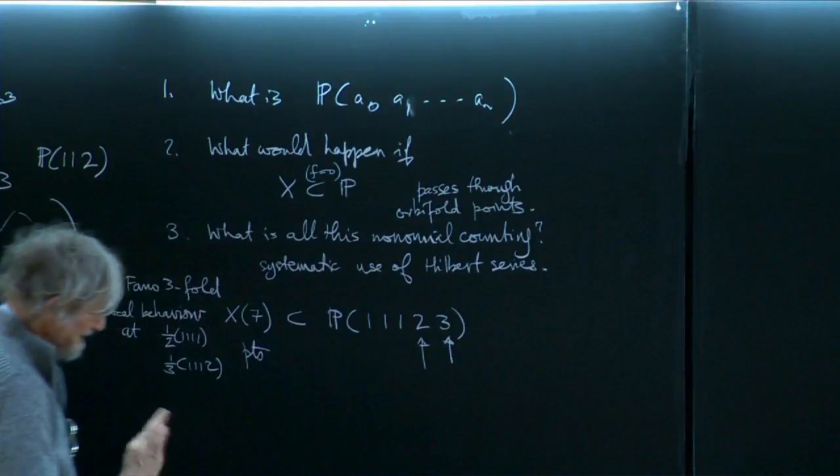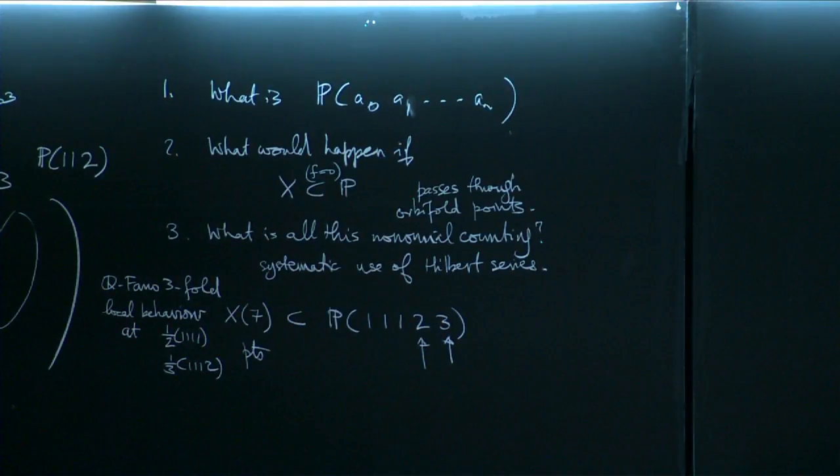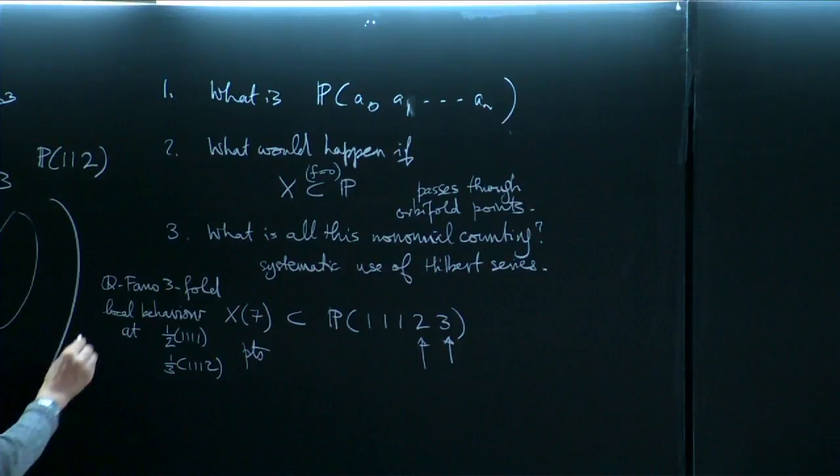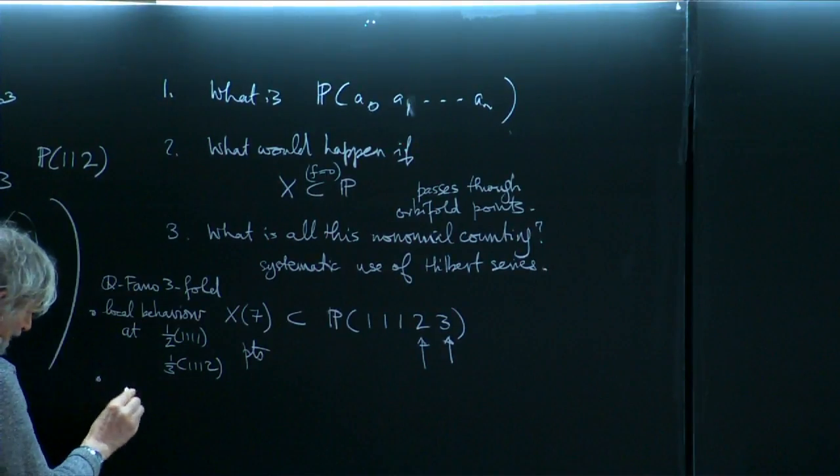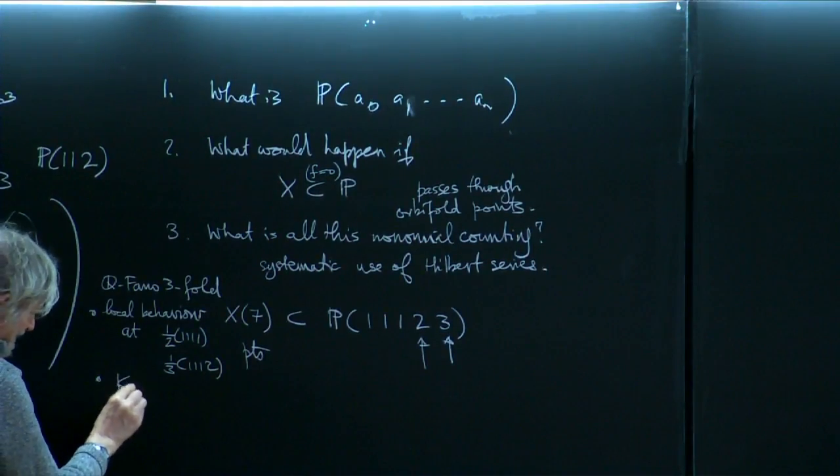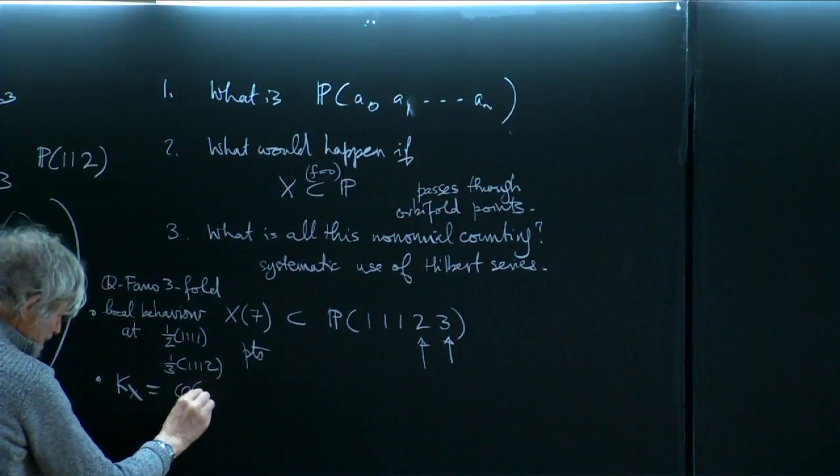This is not a problem. This is something that's quite easy to explain, and I will do it. But I'm just trying to summarize some of the problems that I'm doing and why we want it. So the local behavior, and then I want to know that kx is O of -1.